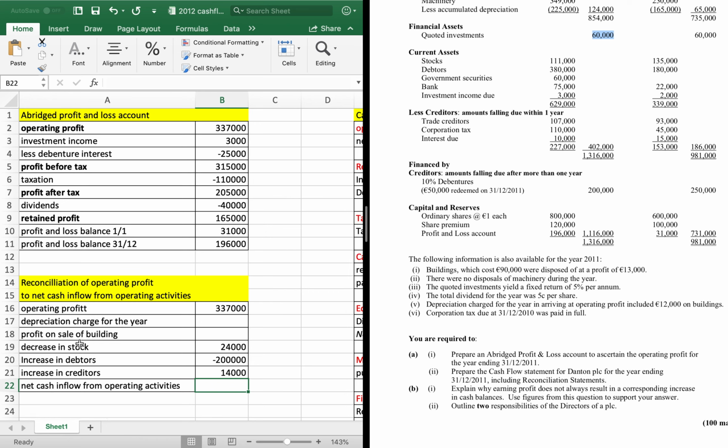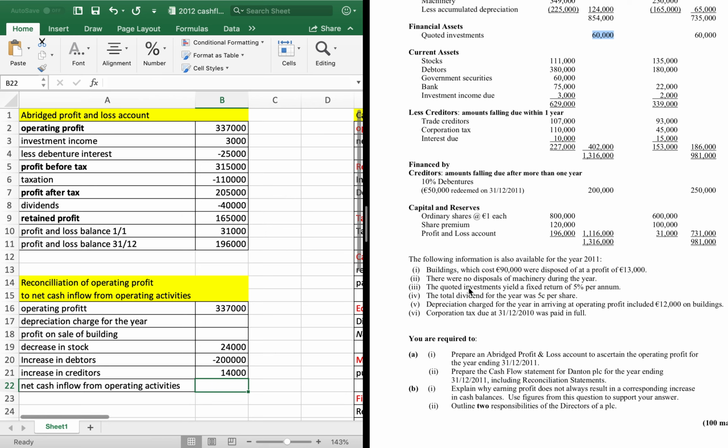So that brings us to our depreciation, our profit on sale of buildings, and we should also check for bad debt provision, which would obviously be with debtors. I'll do that now because there is no bad debt provision. But if there was, an increase in bad debt provision would be added on, a decrease in bad debt provision would be taken away. Anyway, we look at our assets.